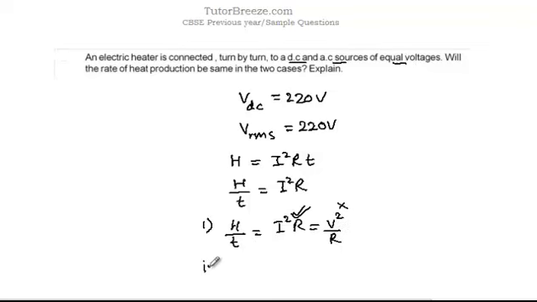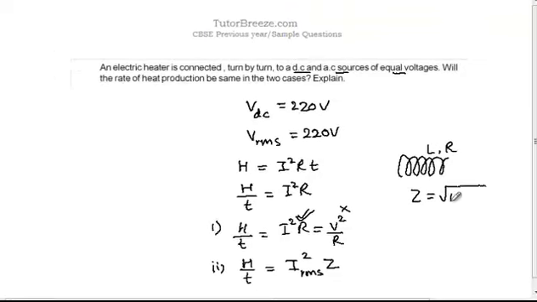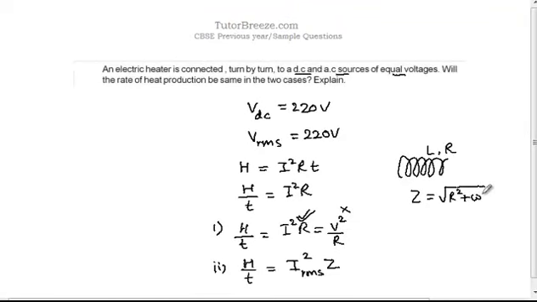Now for the second case, for the AC source, the heat produced is going to be I RMS squared times Z, since the electric heater is a coil and a coil will have an inductance in addition to a resistance. So the total impedance Z is going to be the square root of R squared plus (omega L) squared. So the value of Z is going to be more than R, which is the DC resistance.